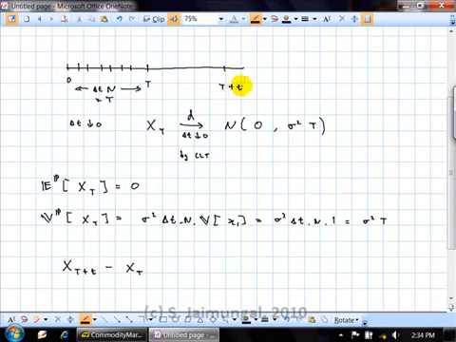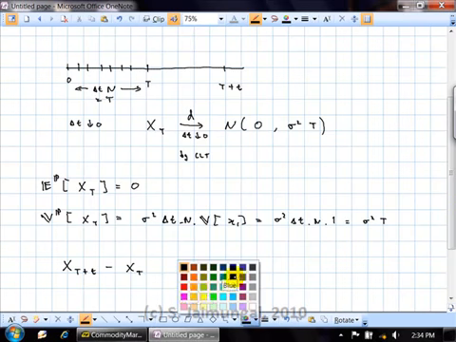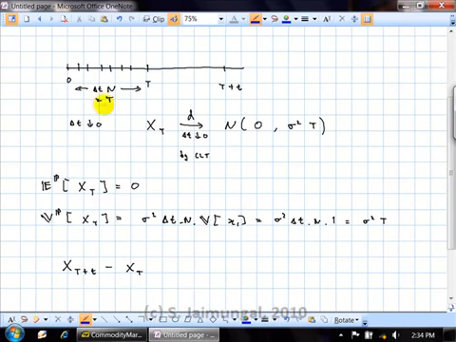That's t plus little t. And let's suppose that delta t is such that it evenly divides both t and t plus little t. So that there's some number of steps in here, and that's delta t times big M.